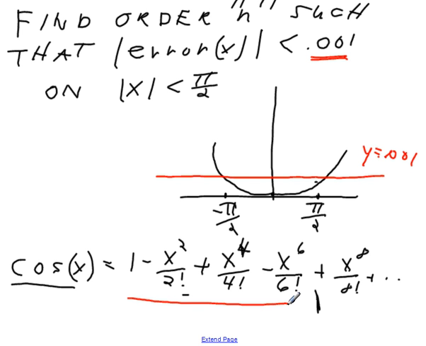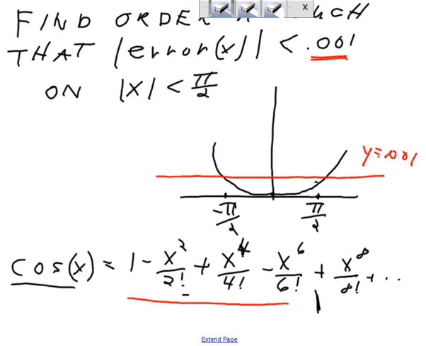So you could just plug pi over 2 into that error term and see how many terms you would need. And you keep trying. Go to the 6th term, go to the 8th term. In this case, the remainder theorem could get you an answer much quicker. So let's look at this remainder theorem right now.